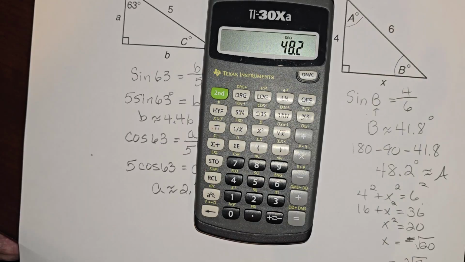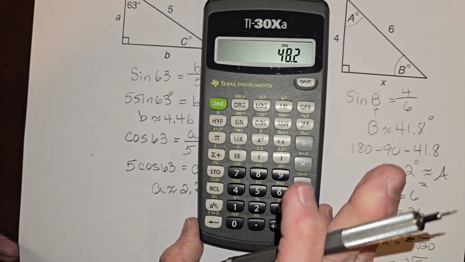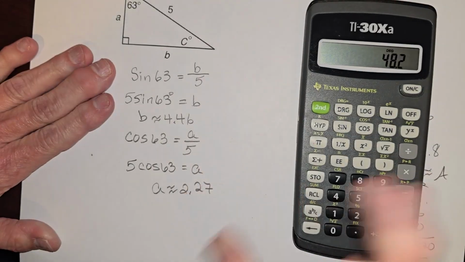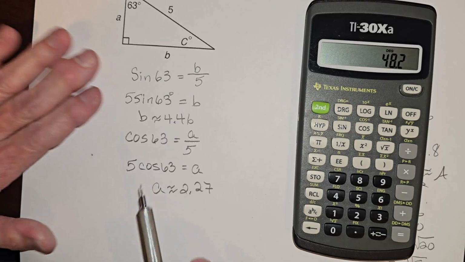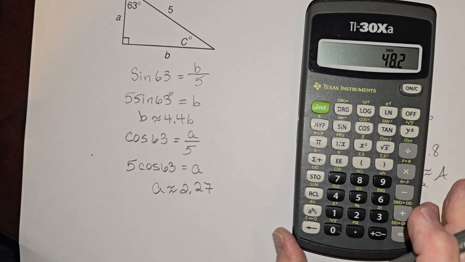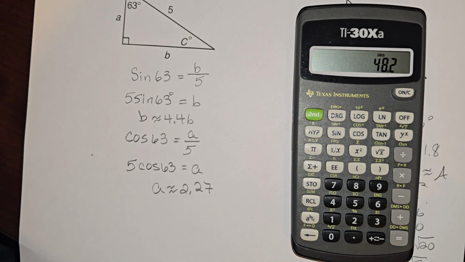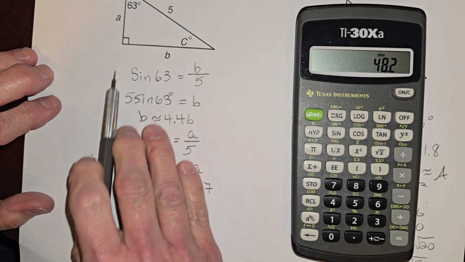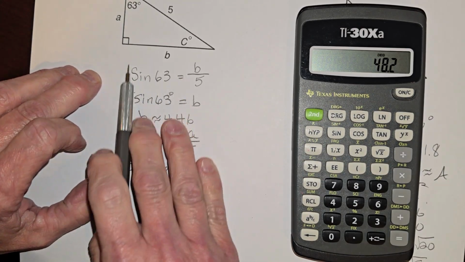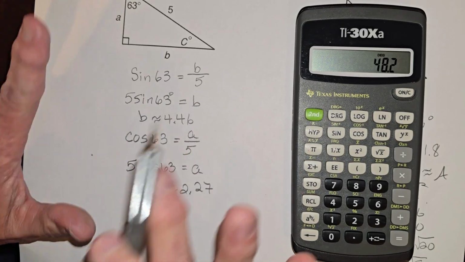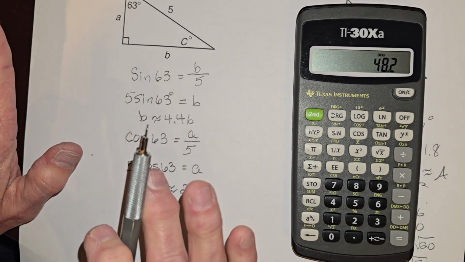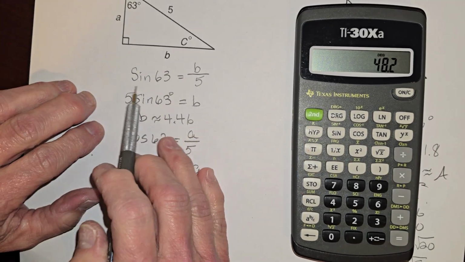But the main thing is that for this problem, when you know the angle, you're going to use sine or cosine or tangent, whichever one you want. And when you're punching it into your calculator, when you punch in this trig function, remember sine and 63 have to go together. They don't ever get separated. There's no way you can separate these in this problem.